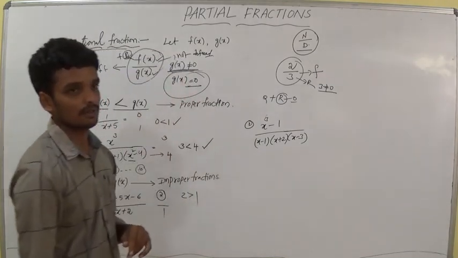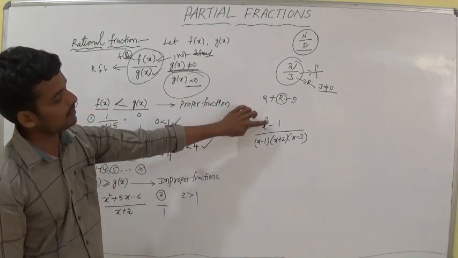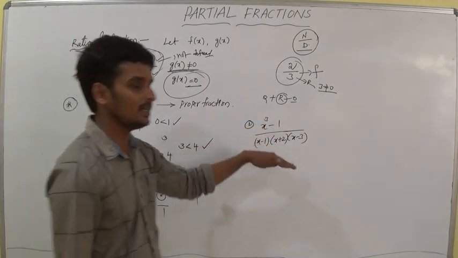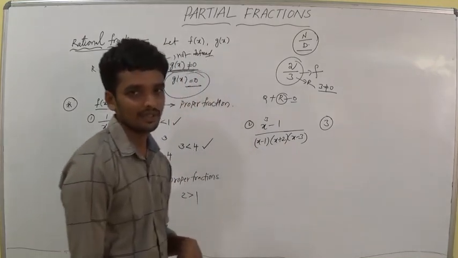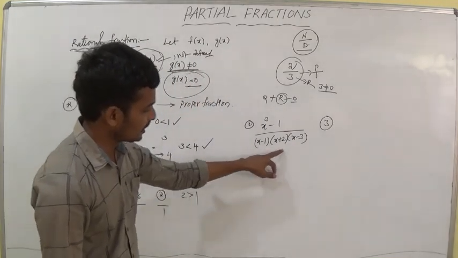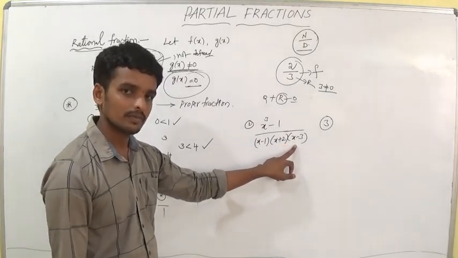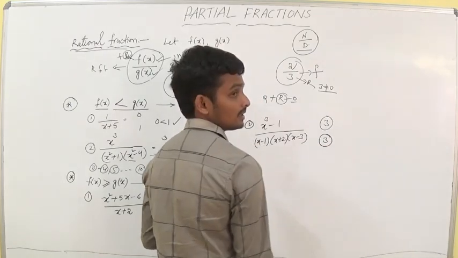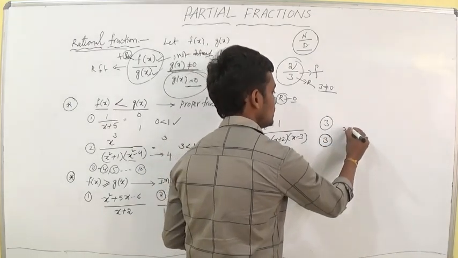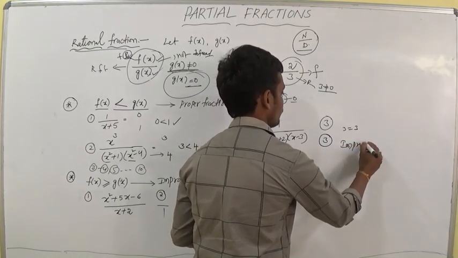If you observe this example, in the numerator x cube minus 1, the highest power of x is 3, so the degree of the polynomial is 3. Are you okay? Observe the denominator, x into x into x. This is also x cube. Am I right? So the degree of the function is also 3. Both are equal, 3 is equal to 3. Then this is also an improper fraction.